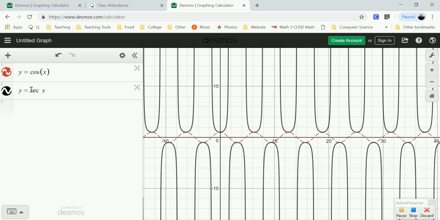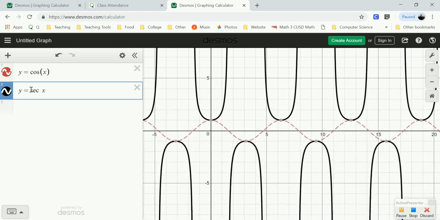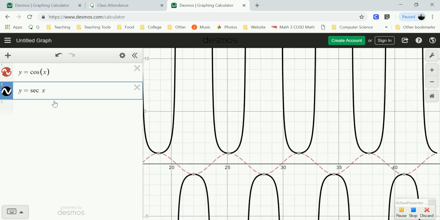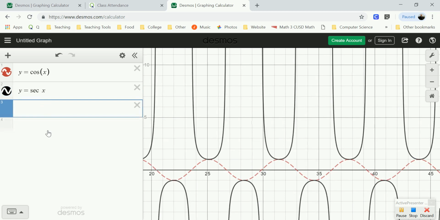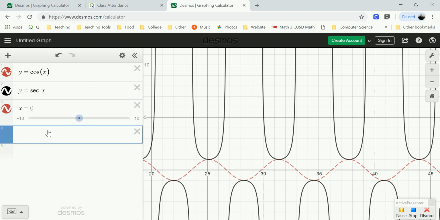Where would a vertical asymptote be? Anybody give me one of them that would work? I'll type it in. X equals what? Don't give me decimals. Give me exact values. What's that? 0? Where is that?